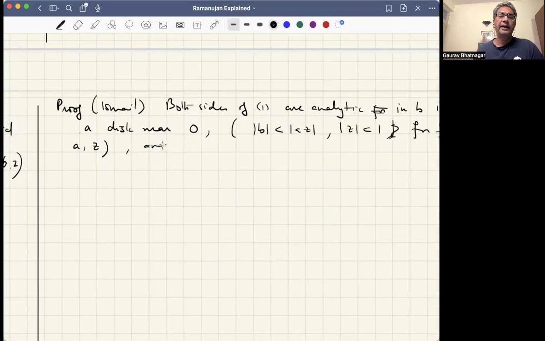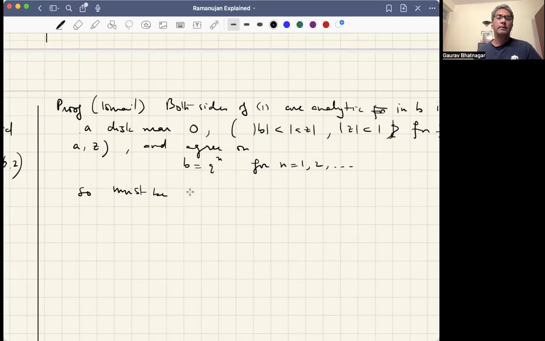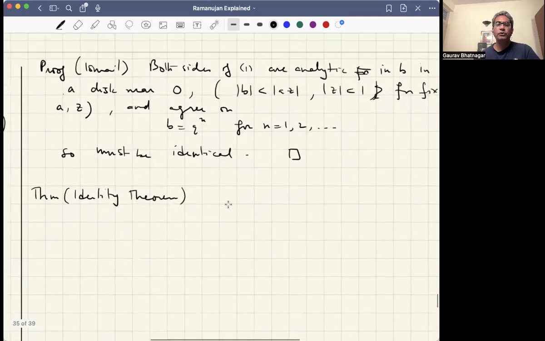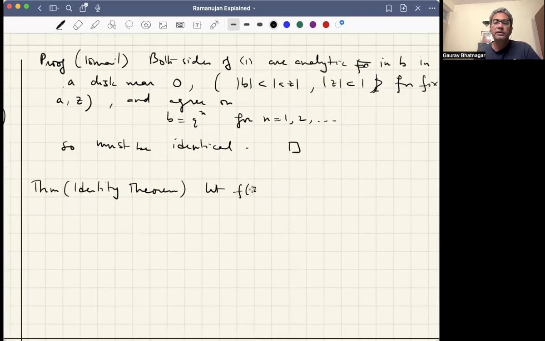Right, and they agree on b equal to q raised to the power n for n equal to 1, 2, and so on. This is the calculation which we did, so they must be identical. So the proof is using this identity theorem, which I will write down just because it's so useful. So it's worth writing down.